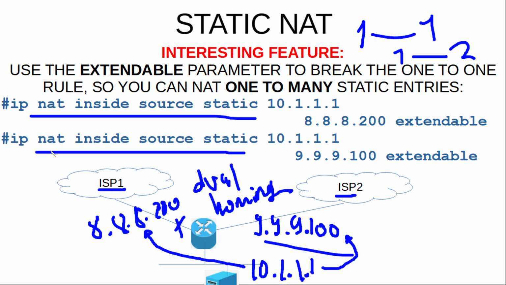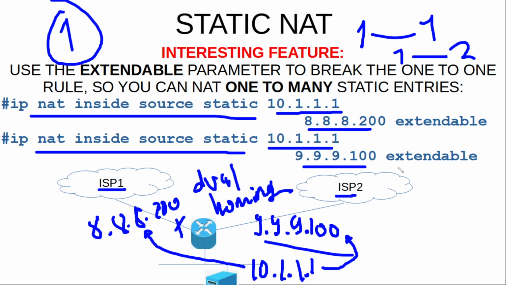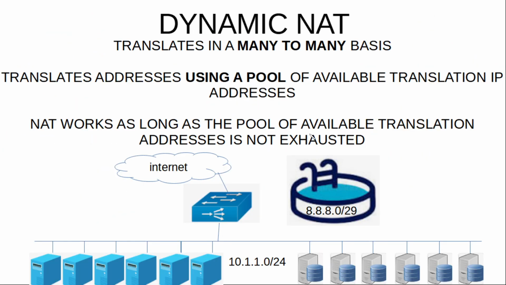Remember that this is a NAT inside source, which is our option one for NATing. And this is your inside local, and these are your inside global IP addresses.